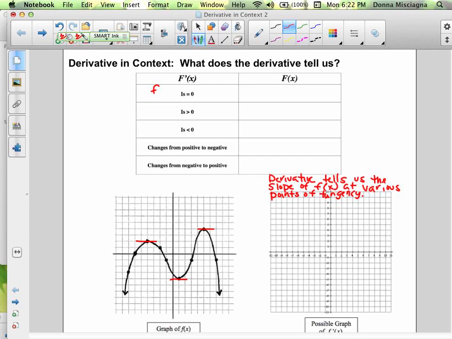In other words, f prime of x equals 0. So that's occurring on our graph at x equals negative 4, x equals 1, and x equals 5.